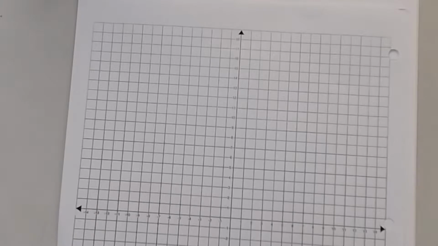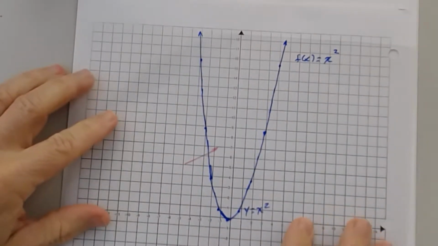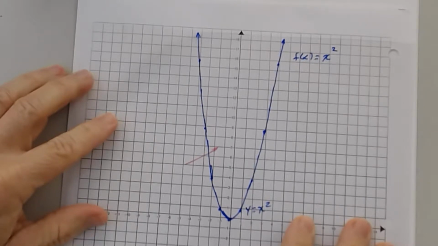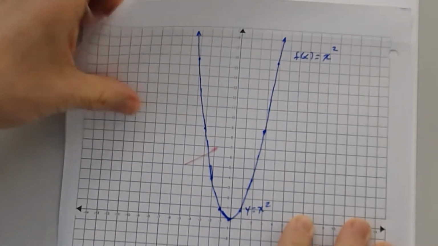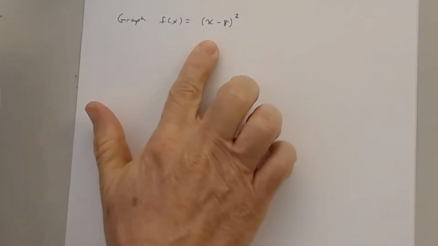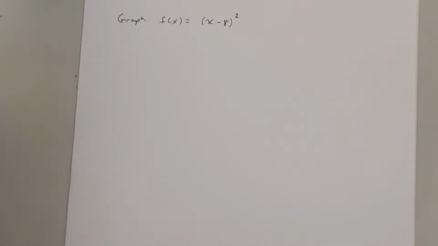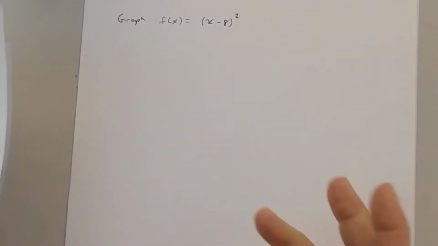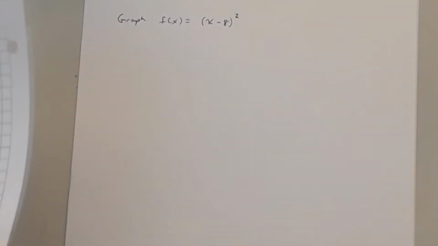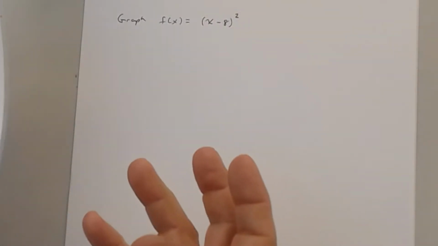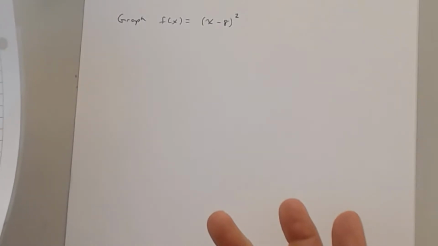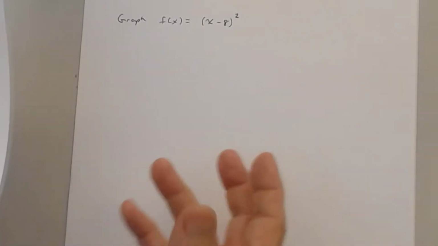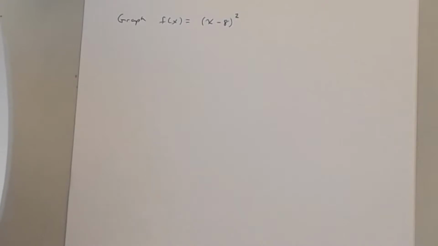So remember when we graphed this, the parent function y equals x squared has its vertex at the origin. For the one I'm dealing with, x minus 8 squared, what kind of shift is that? Is it a horizontal shift or a vertical shift? It's horizontal because the number is on the inside. If the number was on the outside, it'd be a vertical shift. And it's counterintuitive for a horizontal shift.